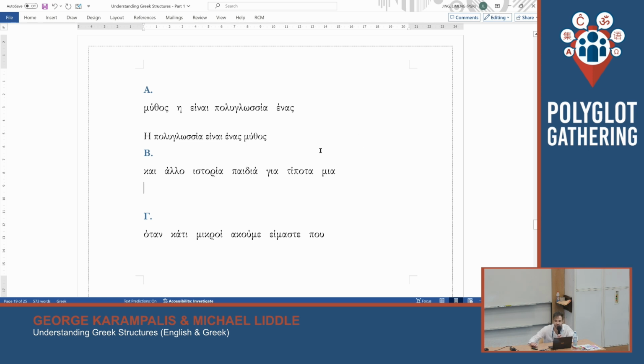What goes together in the next one? You can start by giving me clusters according to what agrees with what, gender-wise or... Okay, για παιδιά is good. What would ιστορία go with? Okay.